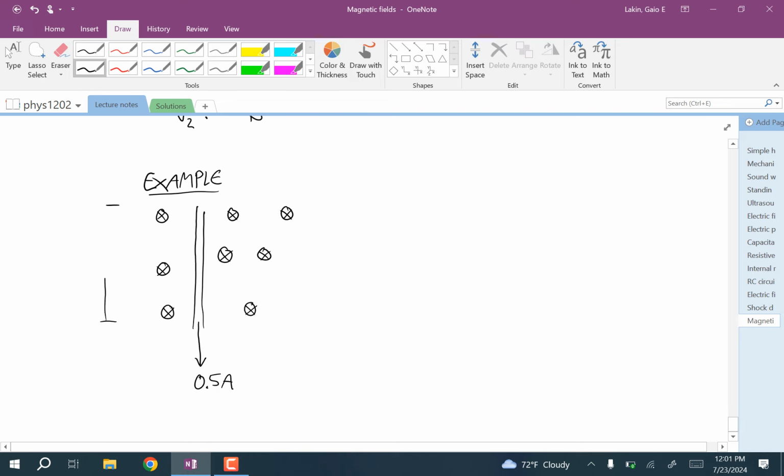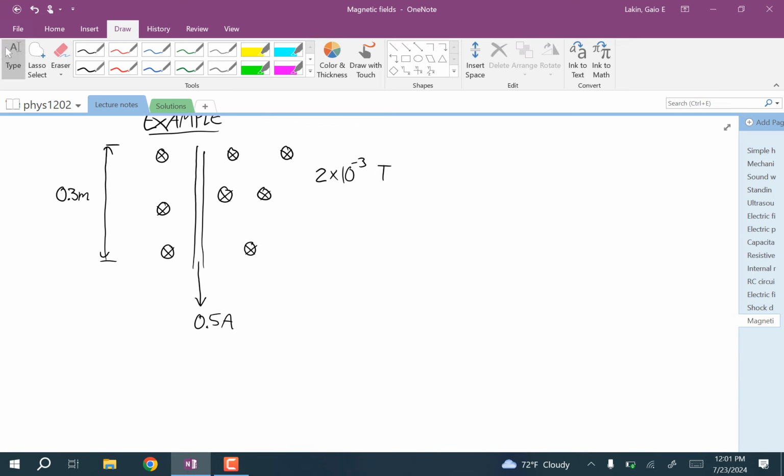And the length of wire that's exposed to this magnetic field is 0.3 meters. And the strength of the magnetic field is 2 times 10 to the minus third Tesla. And we want to calculate the force on the wire.